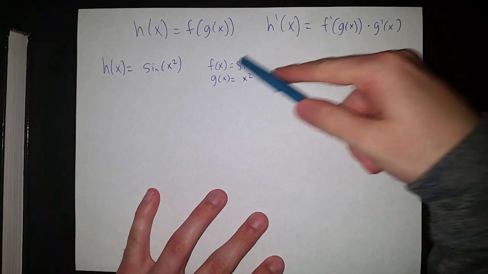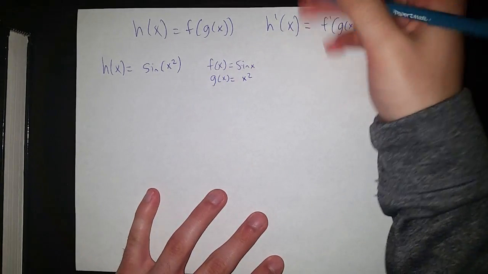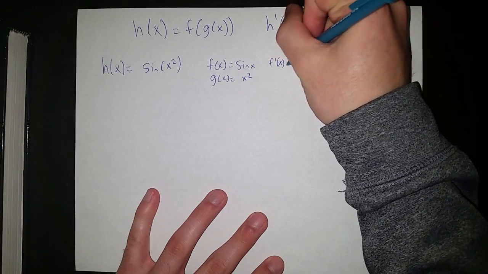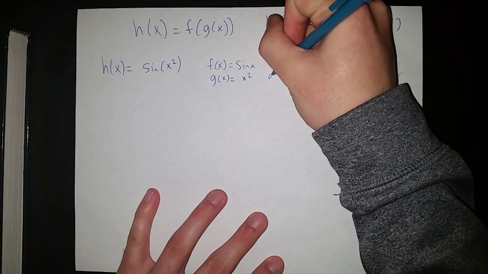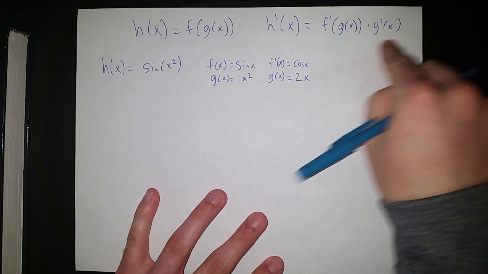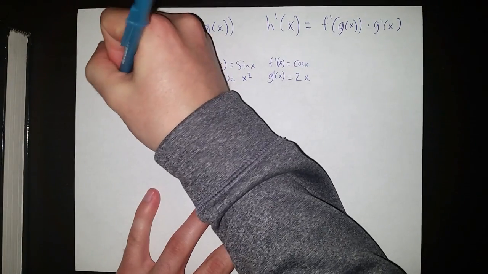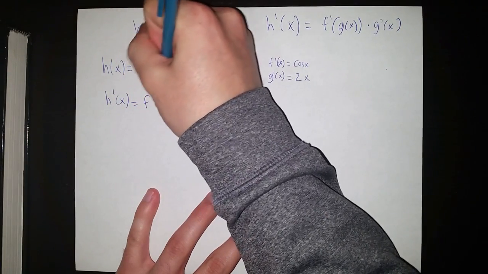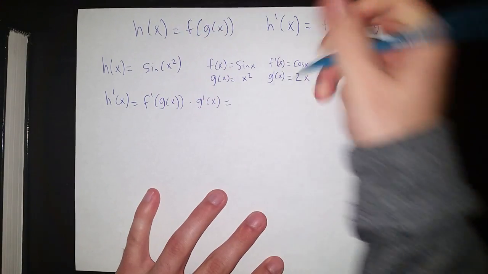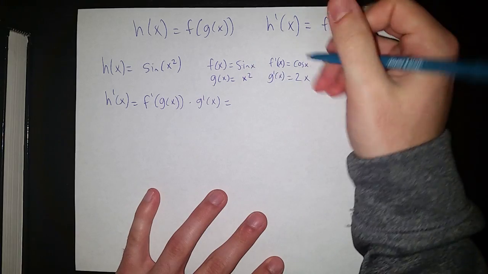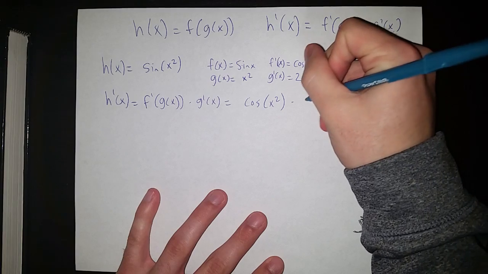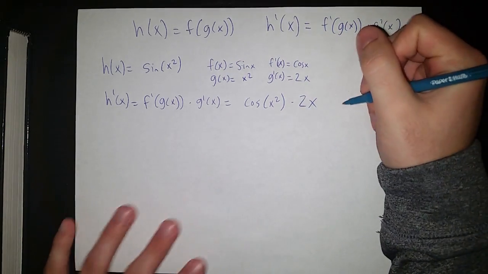Plug in x squared to sine of x, we get sine of x squared. f prime of x equals cosine x, g prime of x equals 2x. All right, let's just apply our equation. h prime of x equals f prime composed with g of x times g prime of x equals, plug it in, cosine of x squared times 2x. Okay.